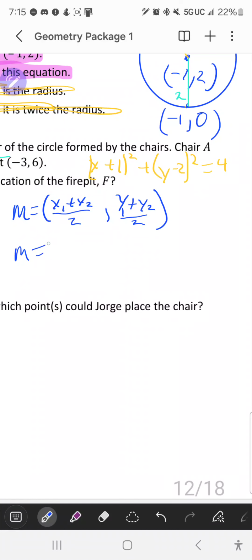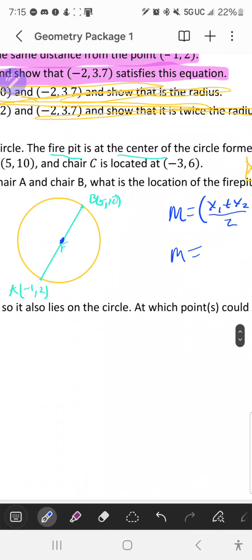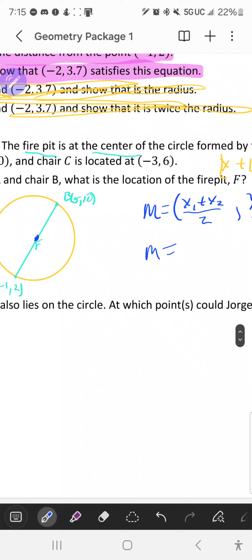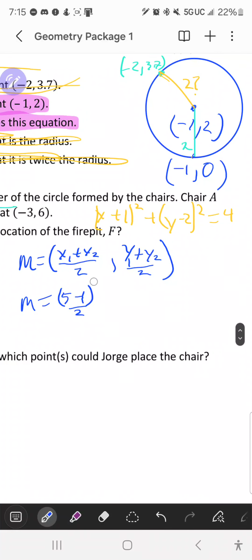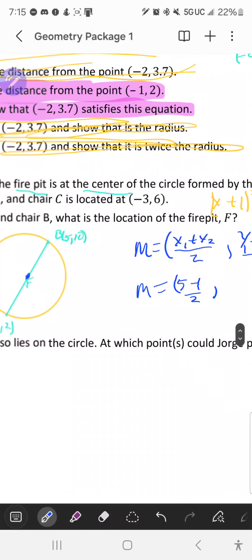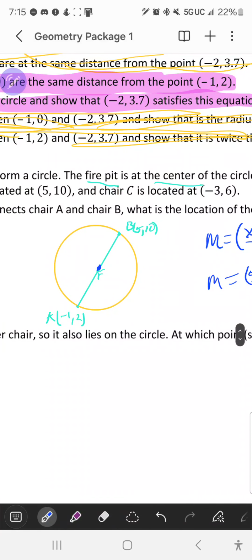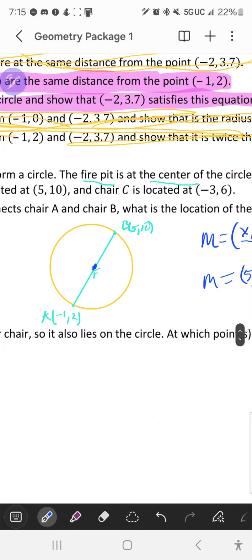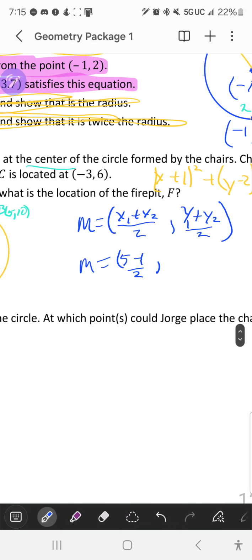So we have 5 plus -1, which is just 5 minus 1 over 2, comma, 10 plus 2 over 2.